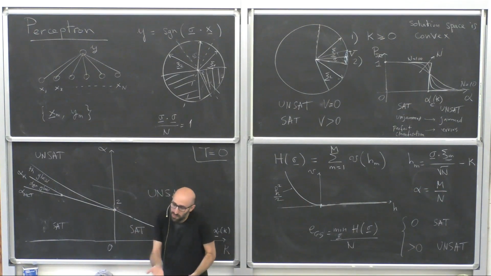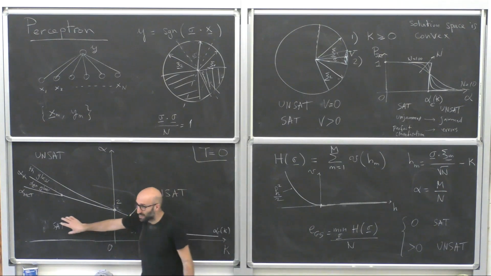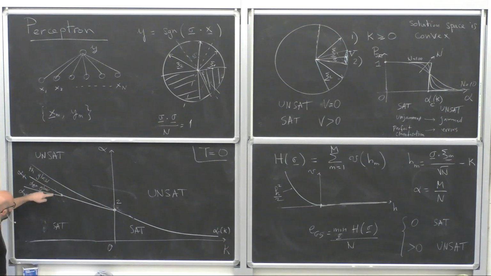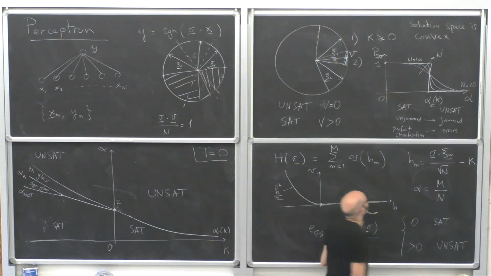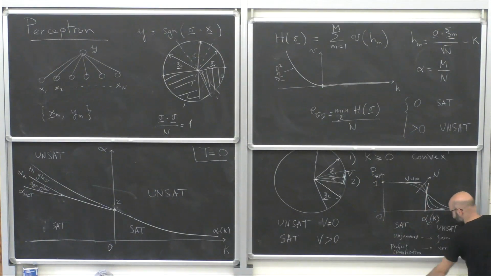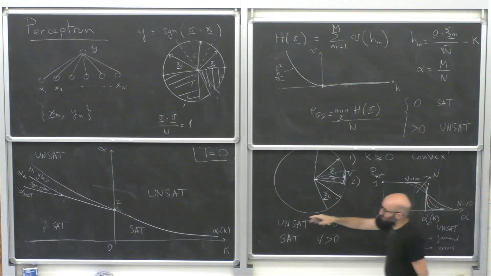So if you do gradient descent, simulated annealing, you will end up in a solution. But then there is a region near this point. In the generic case, there is a transition to a glass phase where there are solutions, but it's very hard to find them. And then the system becomes unsat.